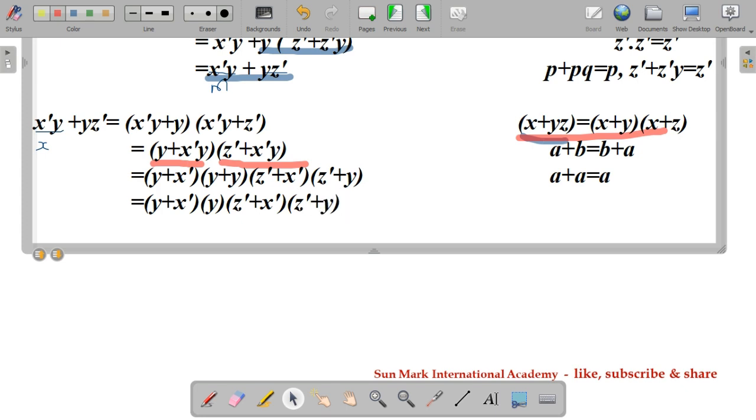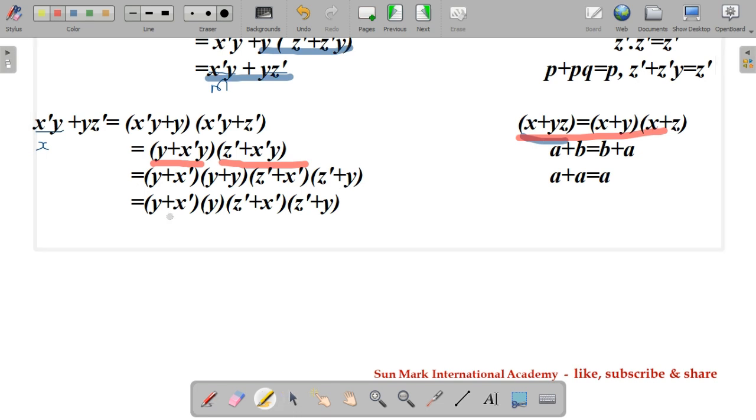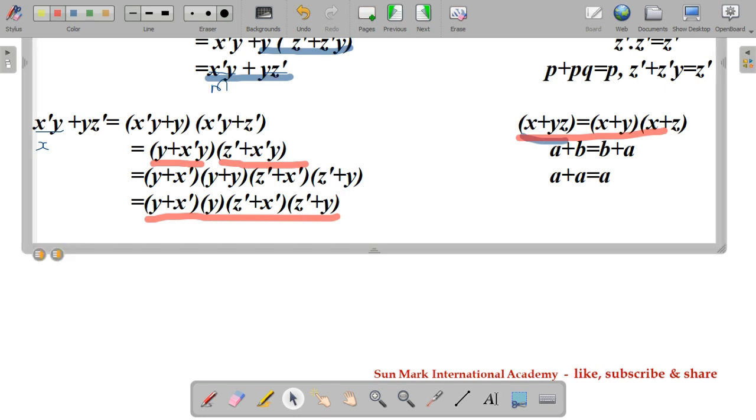Now we got the expression, and this is the POS expression. Each term is a max term. So this is a POS expression, but not the canonical POS expression. Our question needs us to convert it into canonical POS expression.